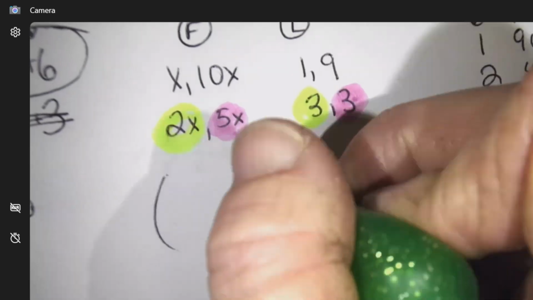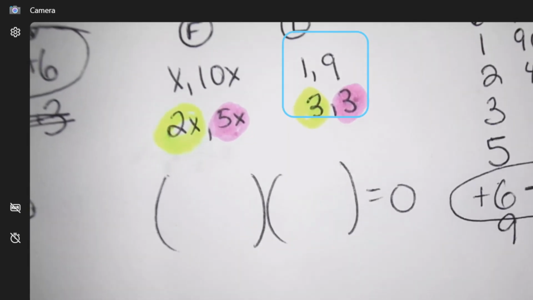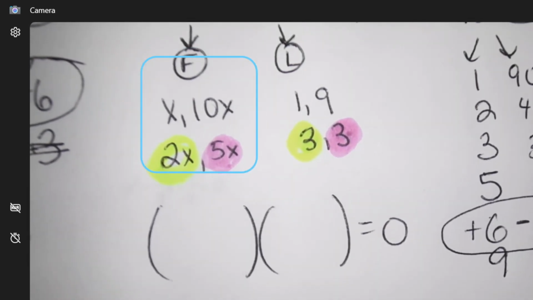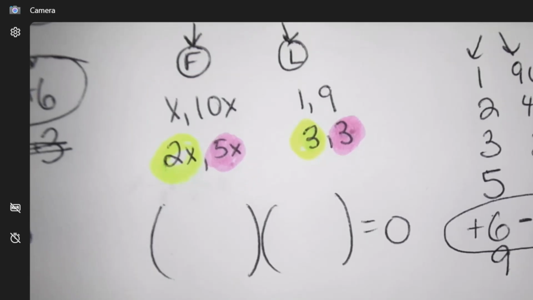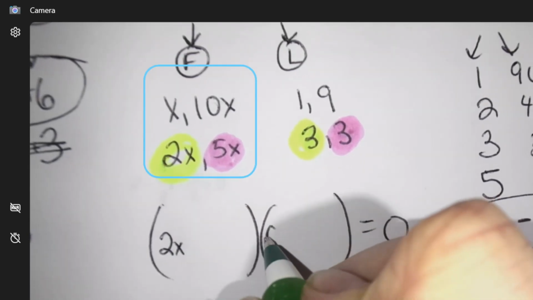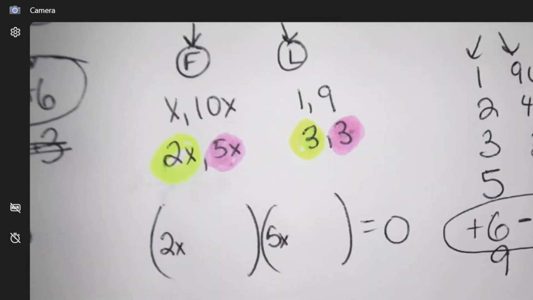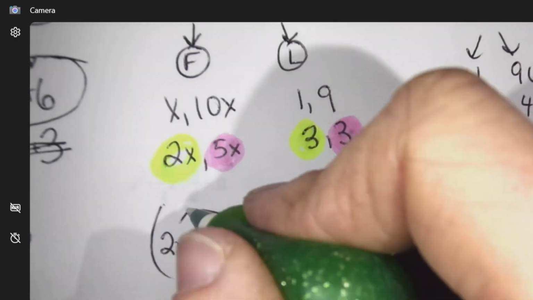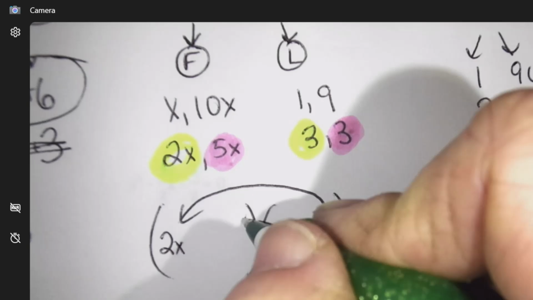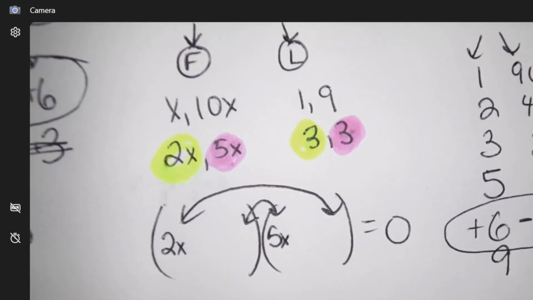Okay, now we have all the numbers, so we have to think about what to line them up with. So in the factor brackets, first times first, that's going to be the 2x times the 5x. 10x squared, check. Okay, I'm going to make my outside hooks and my inside hooks.